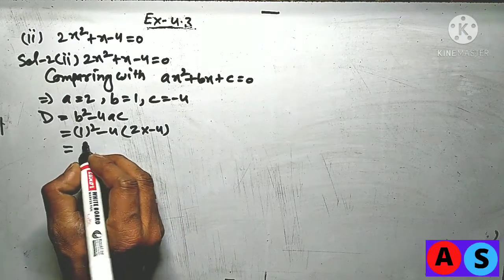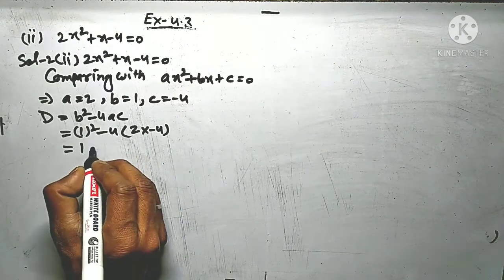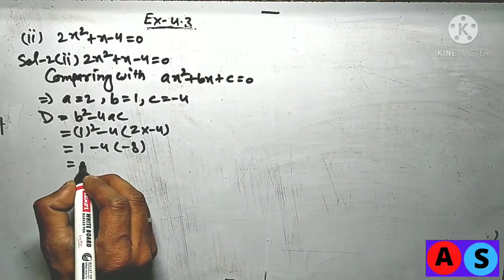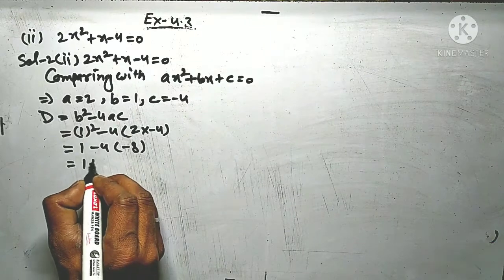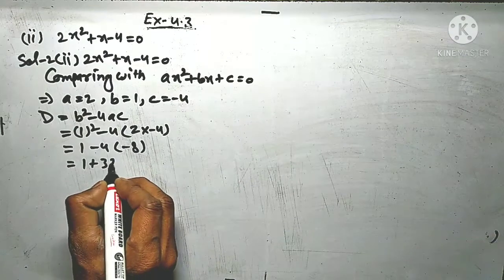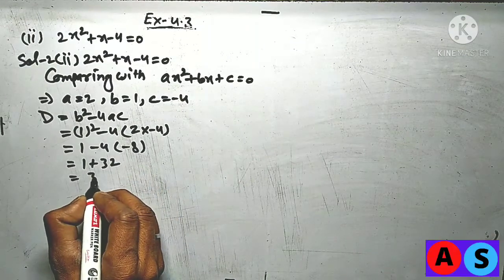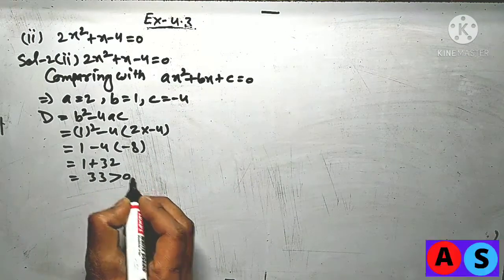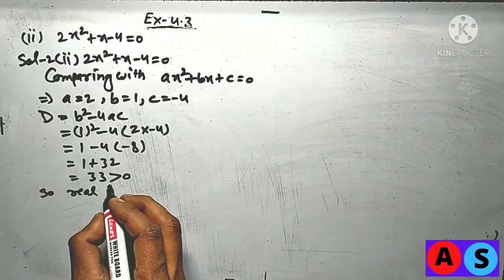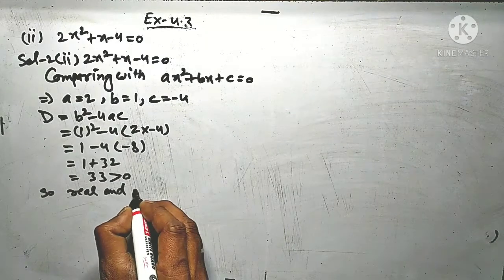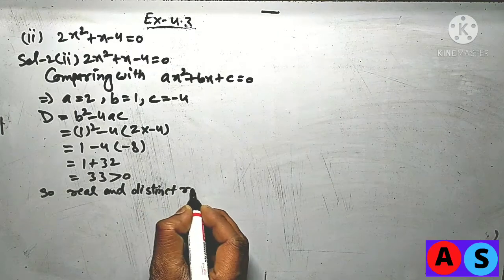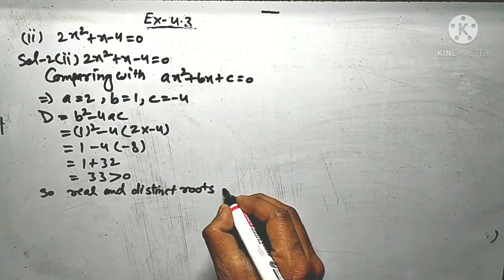Now 1 minus 4 bracket minus 8 is equal to 1 plus 4 8s are 32 is equal to 33 greater than 0. So real and distinct root exist.